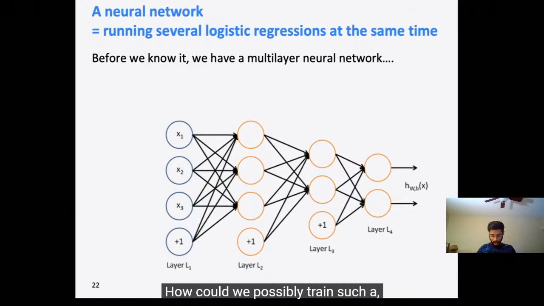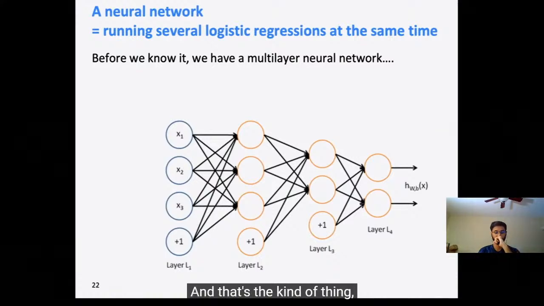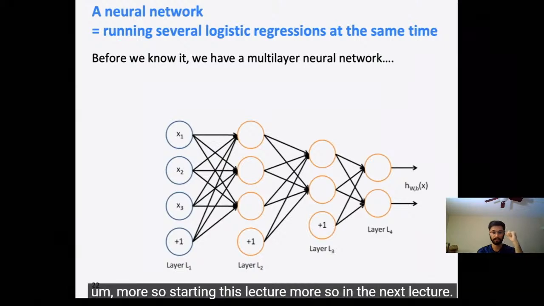How could we possibly train such a network so that it works effectively? And that's the kind of thing we'll go on to more, starting this lecture, more so in the next lecture.